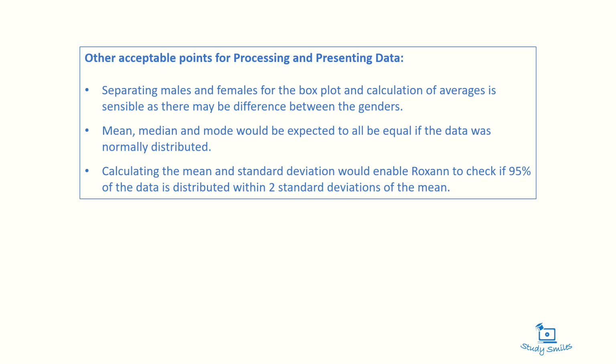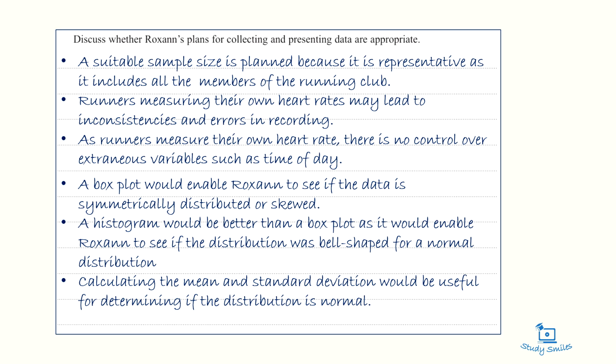And calculating the mean and standard deviation would enable Roxanne to check if 95% of the data is distributed within 2 standard deviations of the mean. And there would be 1 mark per bullet point available for these points. And that's our completed answer, which would give us the full 6 marks.